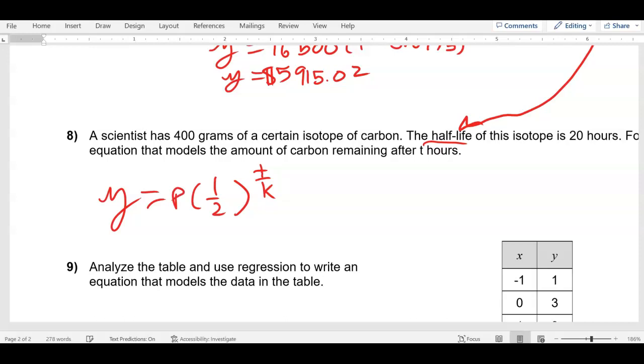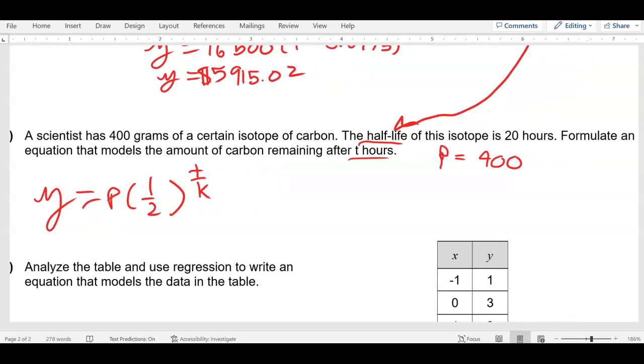All right, so let's figure out what our P is. The principal, the initial amount, is 400. And then our T is our time. We don't know that yet. But our K, our period that it takes to make it half, is 20 hours.